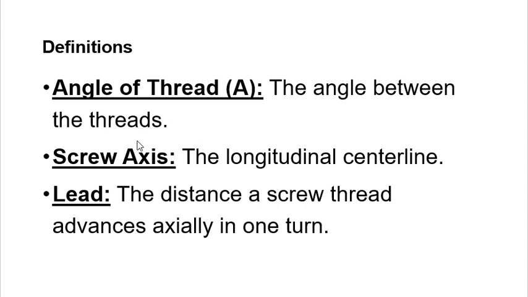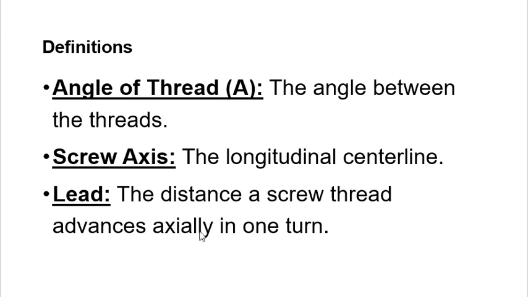So the angle is in between them, and of course depends on how many threads you have on the fastener. That angle has got to be the same when you machine. Axis is very easy because you have a diameter, so the center, the longitudinal center line, your axis is going to be a screw axis.